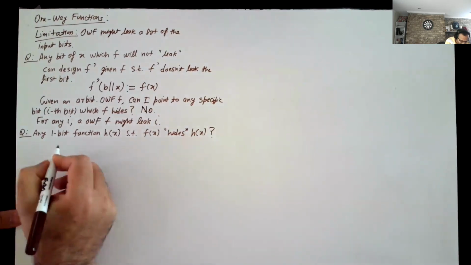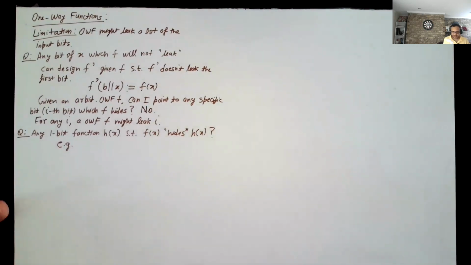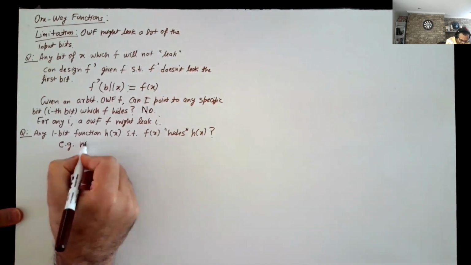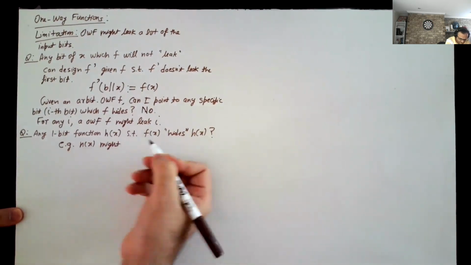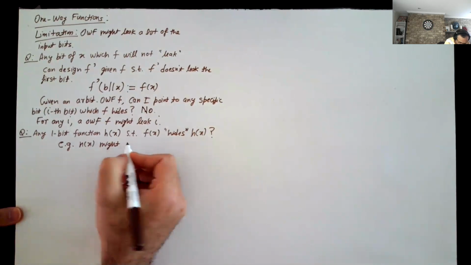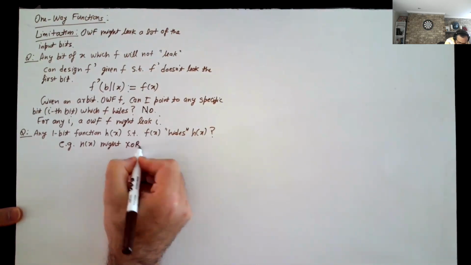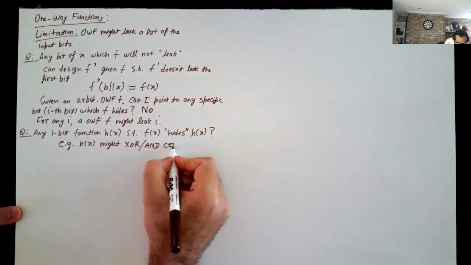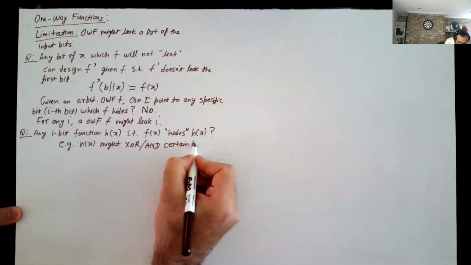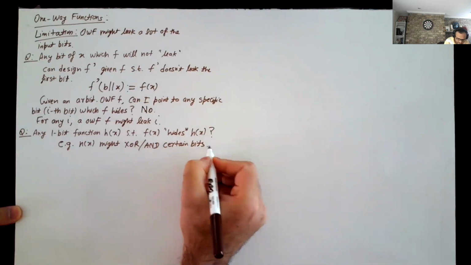As an example, h of x might XOR or AND certain bits and things like that.